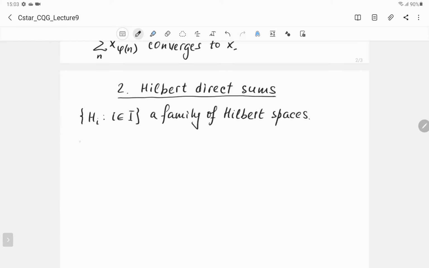And let's denote by H the subset in their product which consists of those families (x_i) for which the following sum is finite.